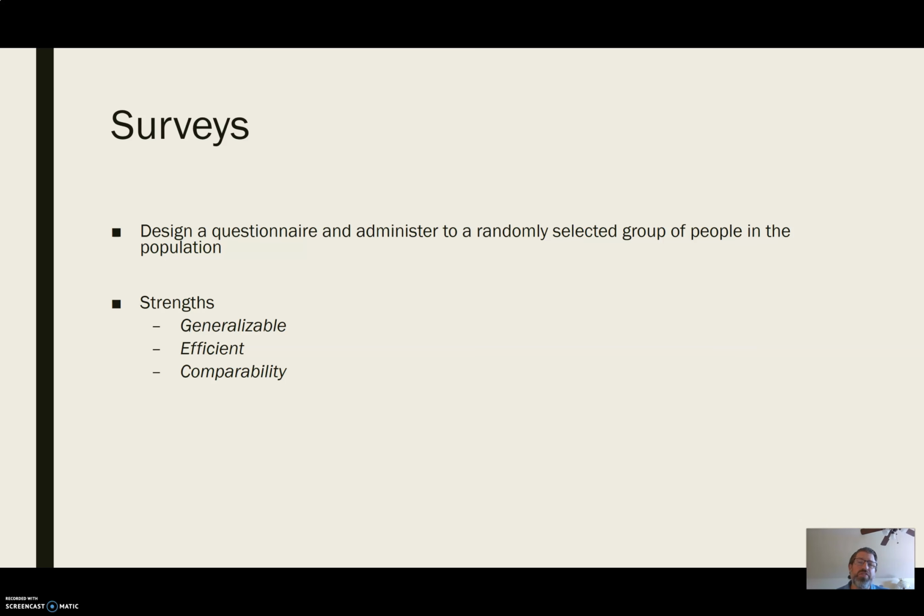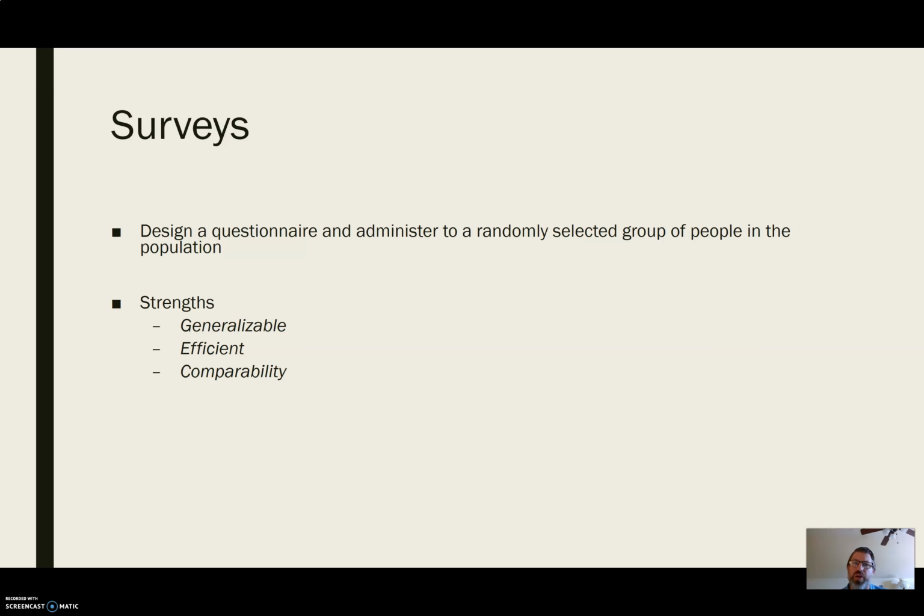So the real value in doing this is that we can do this for an entire population, right? So instead of capturing 50 students at some university somewhere, we could in fact just make conclusions about the broad contours of U.S. society as a whole. So it's very generalizable in that way. It's also quite efficient. We can know lots of things about people in an effectively designed survey.